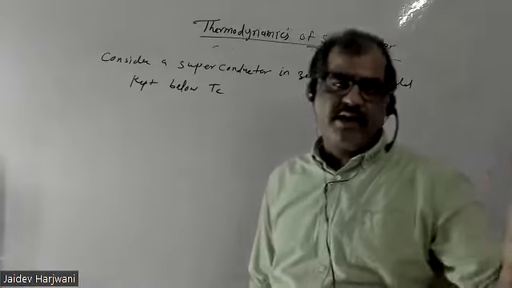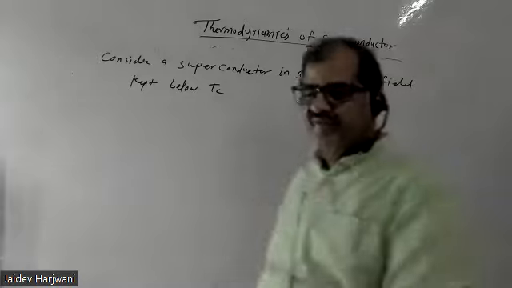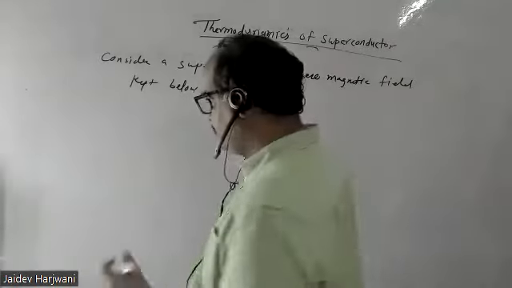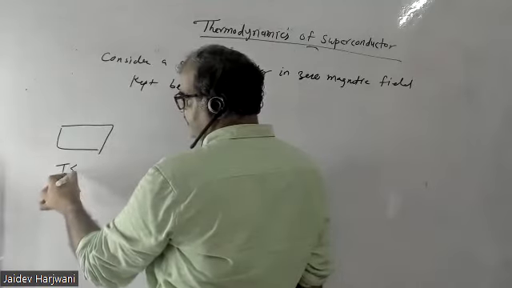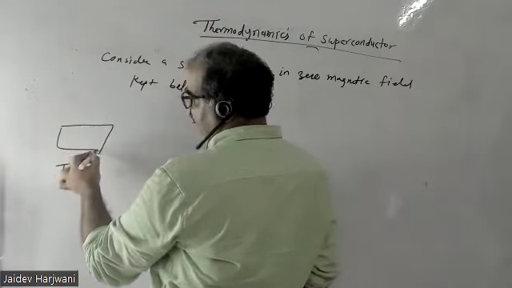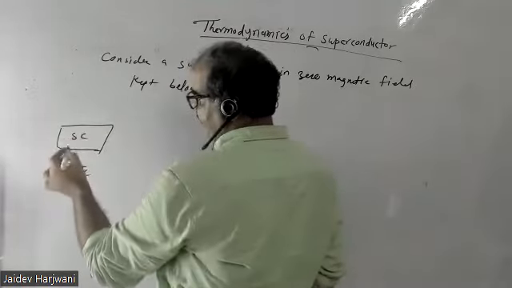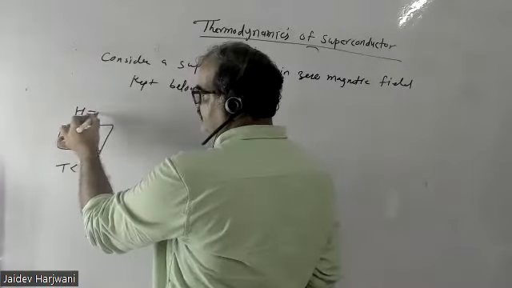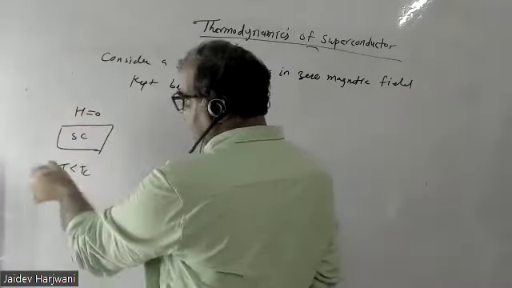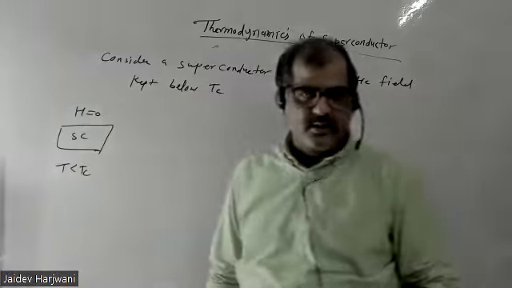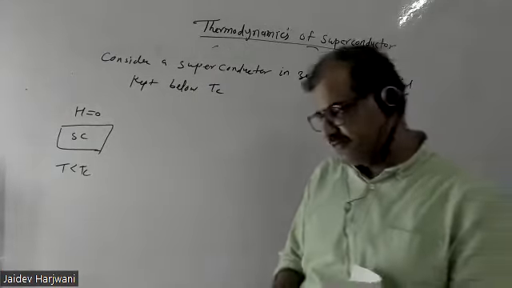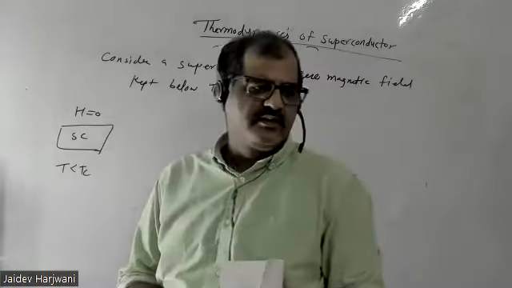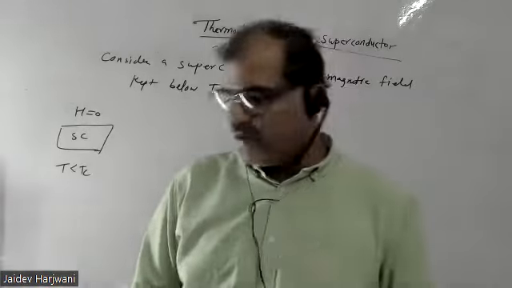Now I am applying a magnetic field. I have a sample whose temperature T is less than TC, so it is behaving like a superconductor, but here H is 0. Now I'm applying some H. What will happen with the magnetic field?